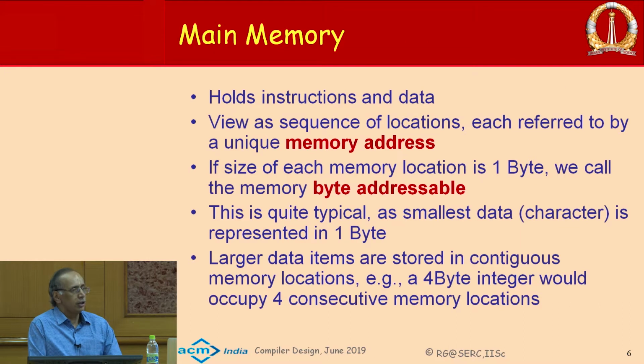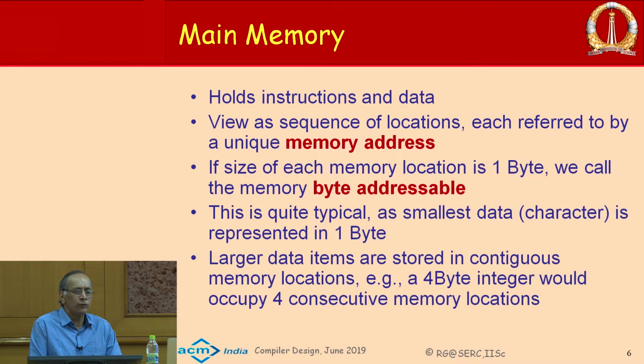So, let us very briefly talk about main memory, and there are certain concepts of main memory that we want to understand, so that when we talk about either the instruction set architecture or generating code, this understanding is very important or useful.